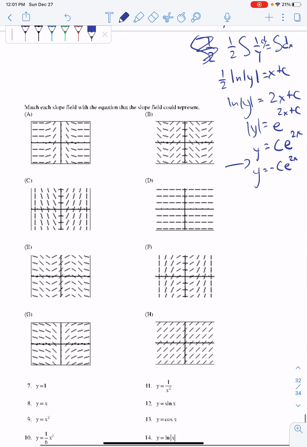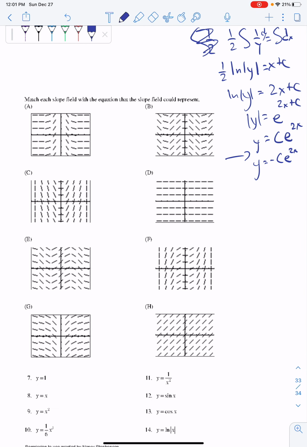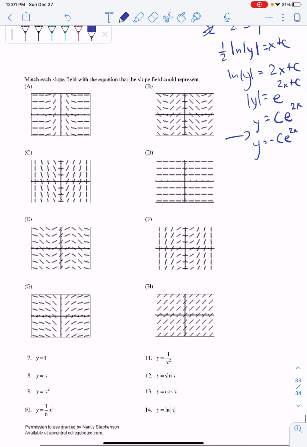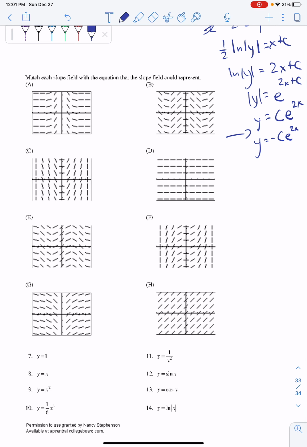So, match each slope field with the equation that the slope field could represent. It gives me a bunch of slope fields, and it wants to know which equation each goes with. As I look through these at the bottom, let's start with some easy ones. C kind of looks like a parabola.